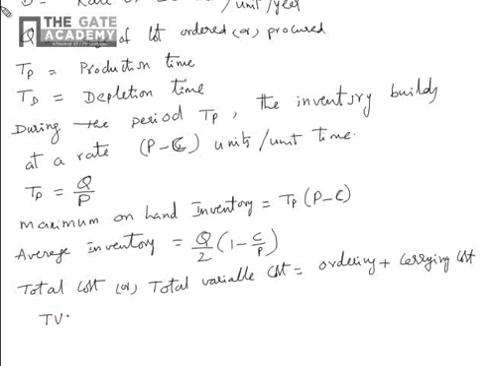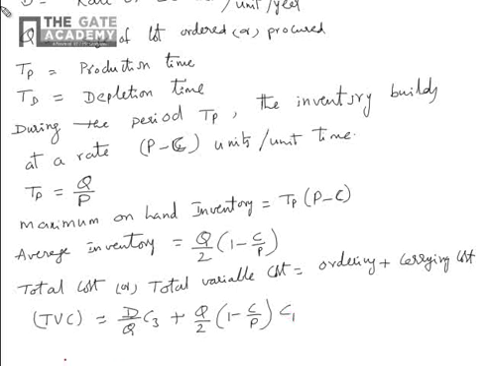So total variable cost equals ordering cost, D by Q into C3, plus average inventory Q by 2 into 1 minus C by P into C1.